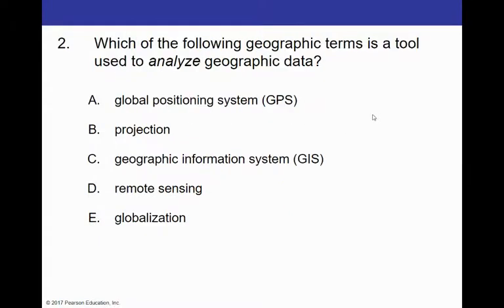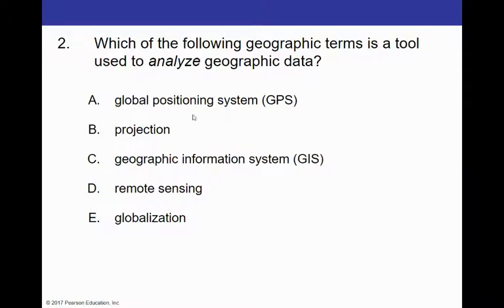Okay. Number 2: which of the following geographic terms is a tool to analyze geographic data? Crossing off some of these, cross off anything that doesn't use geographic data. So projection is out, globalization is out. So you're down between 3 of these. The keyword is to analyze geographic data.